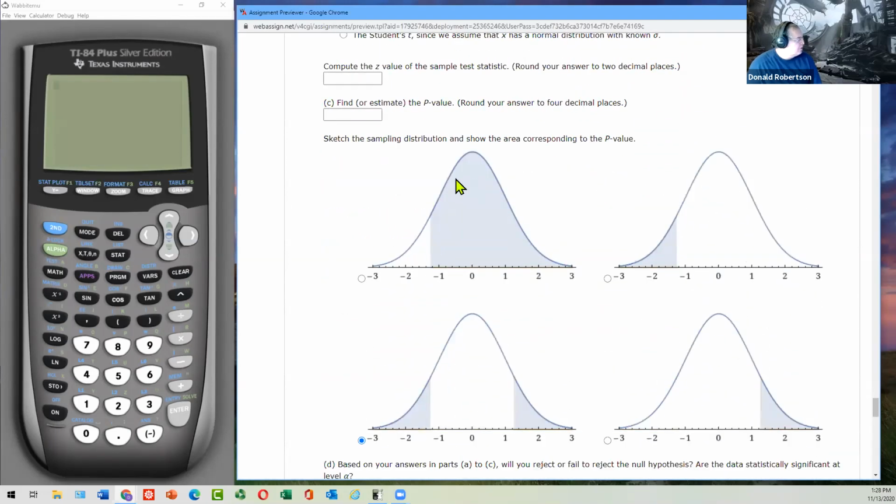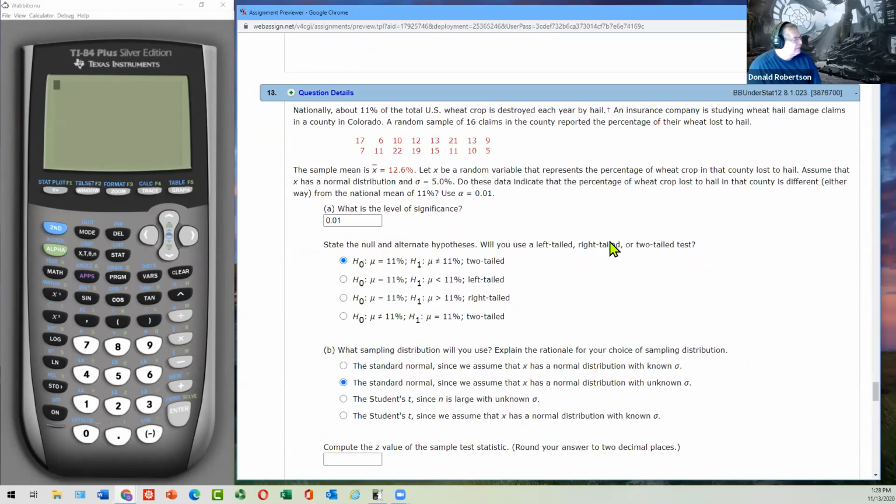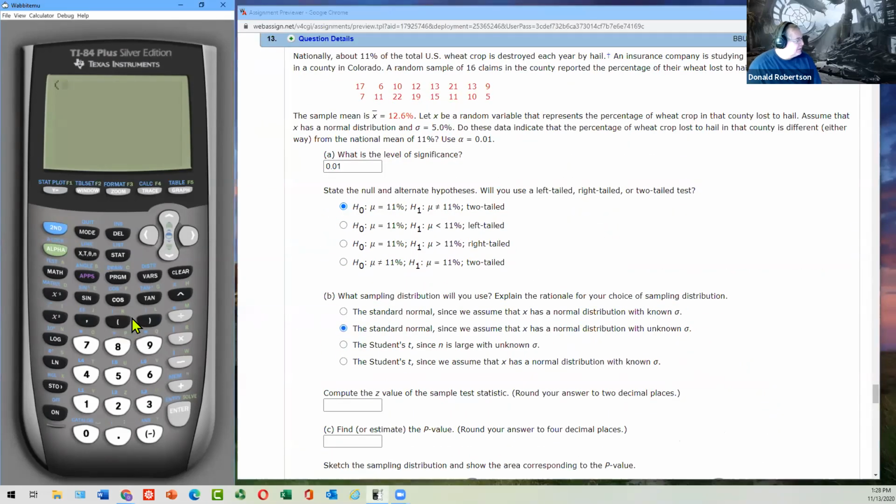Now, Z-score coming up. Bracket. X bar, 12.6. Subtract. Where are you, mu? You're in here somewhere. 11.